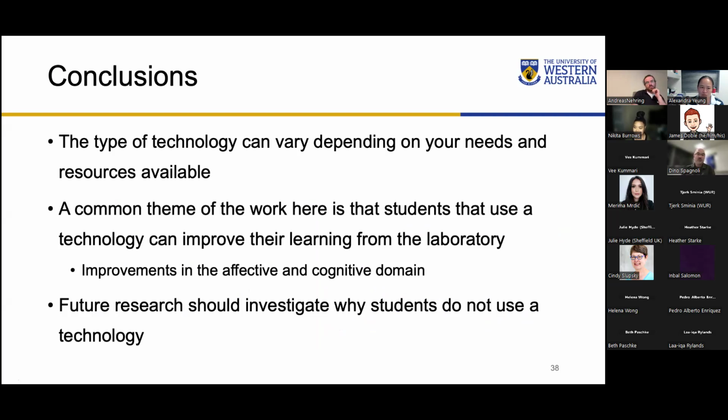I'm really interested to know why students don't use particular technologies that we spend so much time and effort into providing for them and telling them that it's in their interest to use. It seems to be that they want the incentive of marks to be associated with the use of that technology in order for them to use them. And so that's where I think that would be nice to investigate into the future.